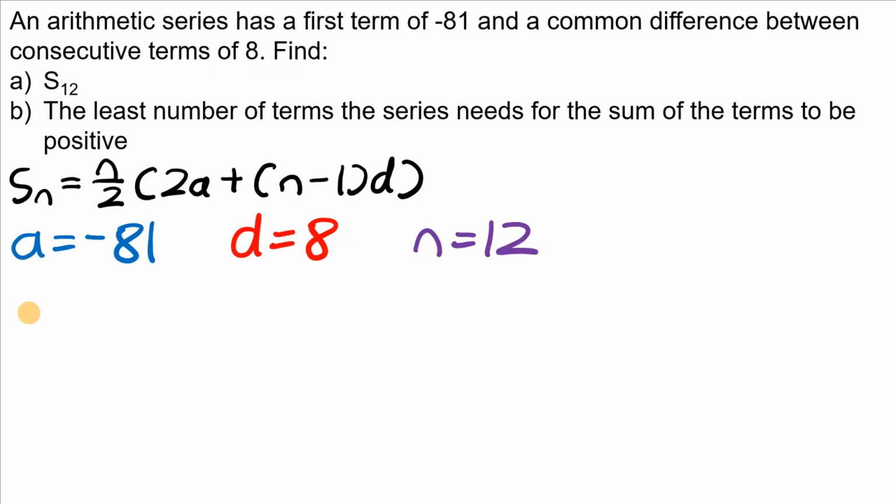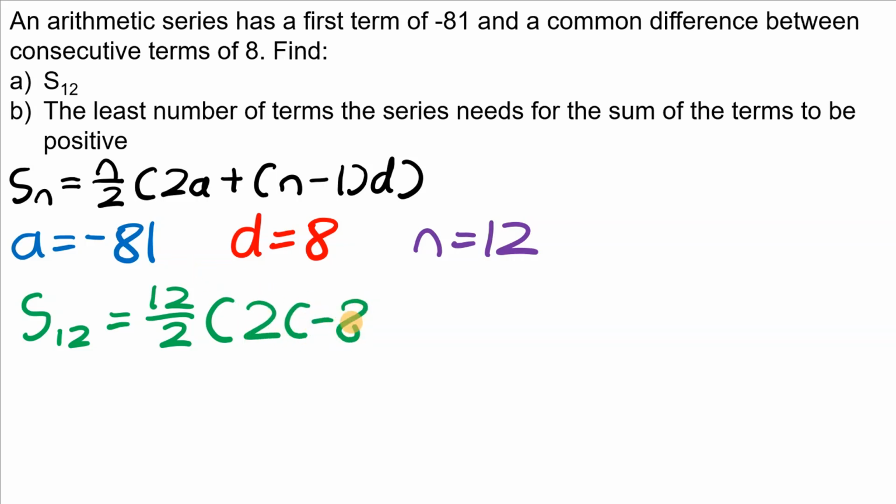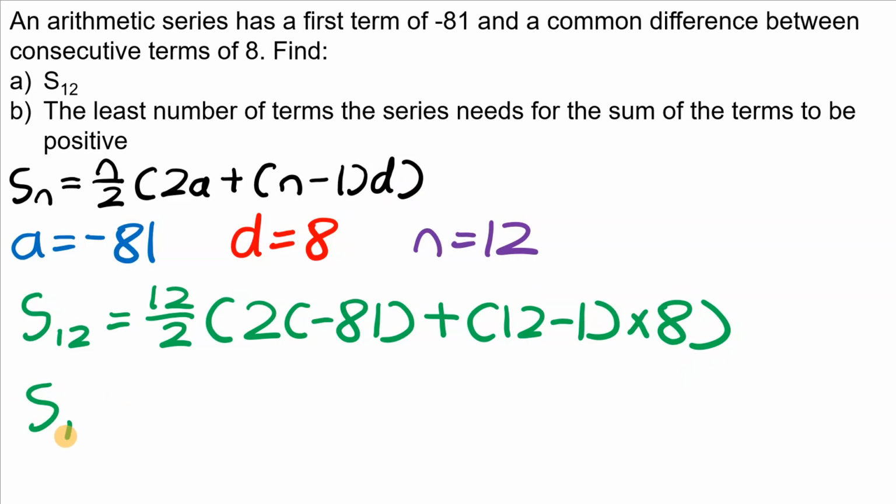So therefore S12 is equal to n over 2, so 12 over 2, and then 2a, so 2 times minus 81, plus n minus 1, so 12 minus 1, multiplied by d, which is 8. If you put this into your calculator, you find that S12 is equal to minus 444.